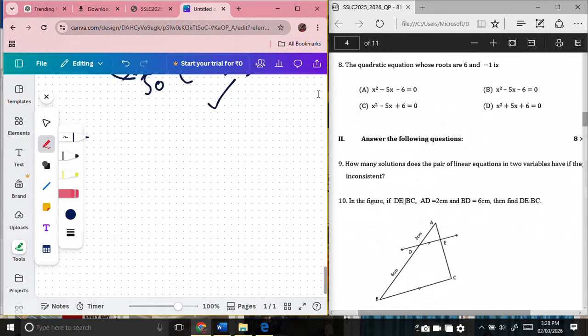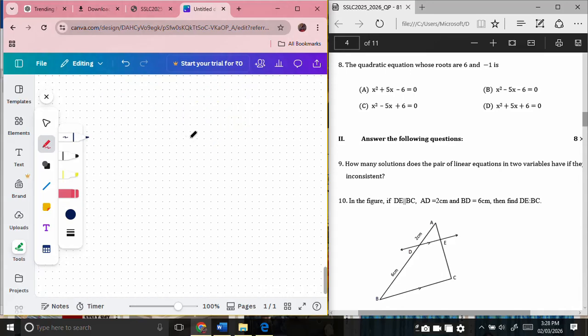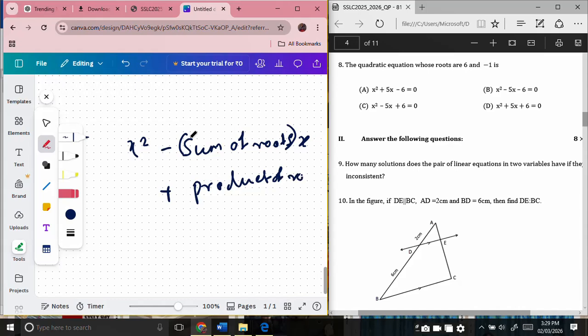Next, the eighth one. The quadratic equation whose roots are 6 and -1 is? What will be the equation? The quadratic equation is x square minus sum of roots times x plus product of roots equals 0.